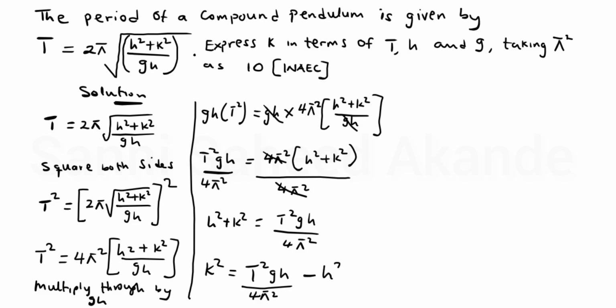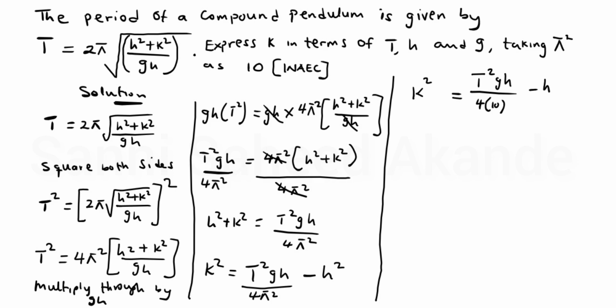Okay, now let's continue. We now have k squared equal to, at this point I'm going to put in the value of pi, because the question says that taking pi squared to be equal to 10. So when you do that, you now have t squared gh over 4 times 10, then minus h squared. Understood?